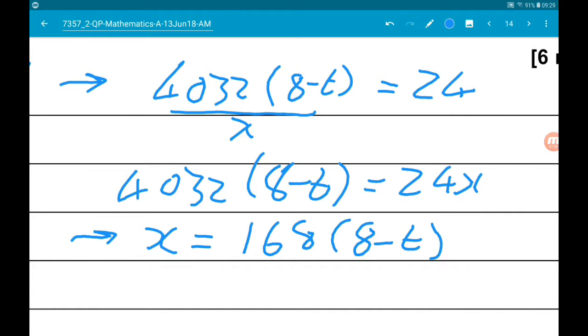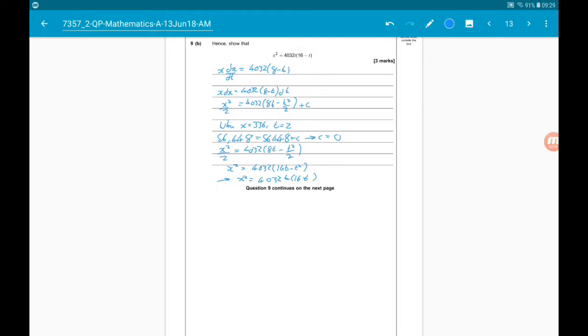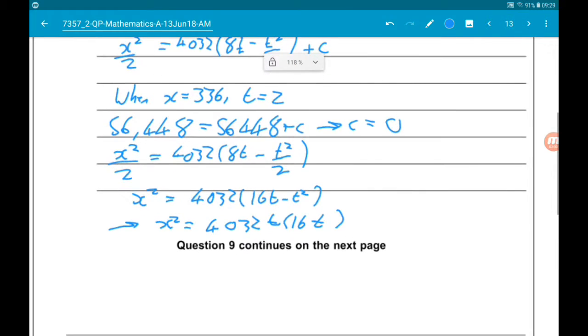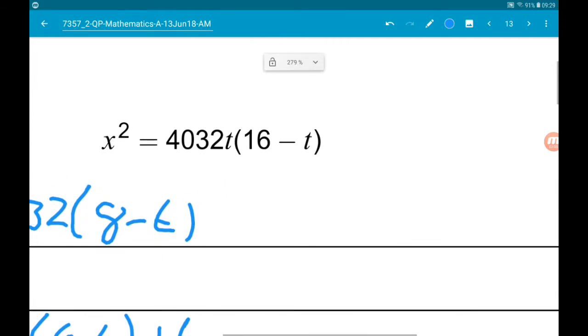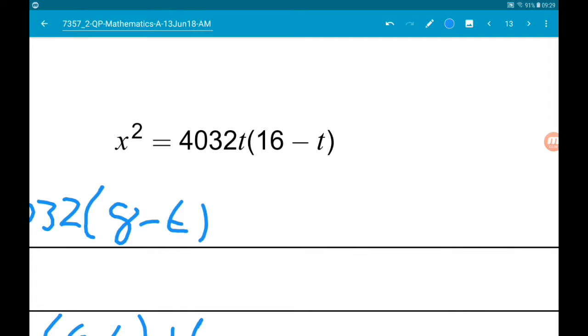How is that useful? Well, in part B, we now know what x squared is. Given that we know what x is, we can work out what x squared is, substitute that into this equation, and then we get an equation fully in terms of t that we can solve after some hard work and swearing.